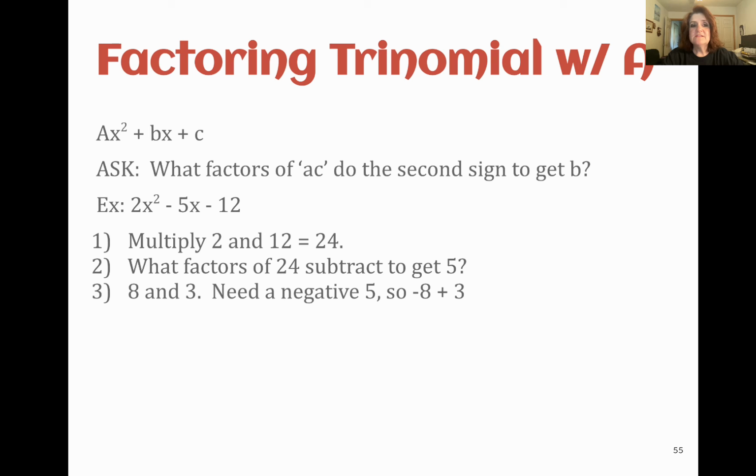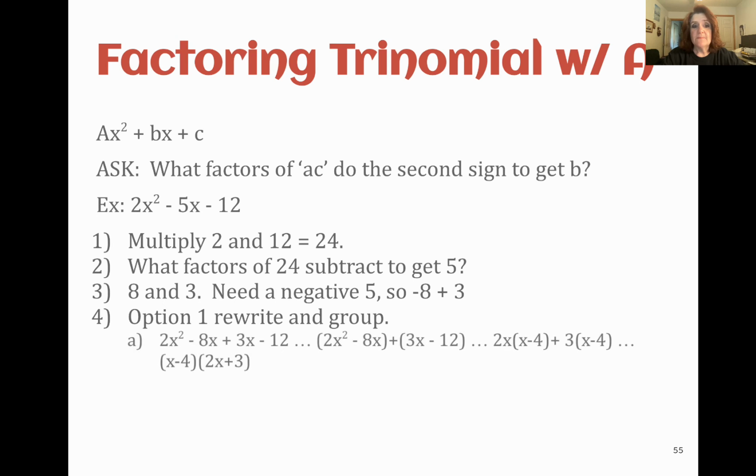And the answer is 8 and 3. We need a negative 5, so that's going to be a negative 8 and a positive 3. So option 1 is to write it as 4 terms now, and then factor by grouping. So that would be to write the minus 5x as negative 8x plus 3x, and factor by grouping. That's one way to factor it.